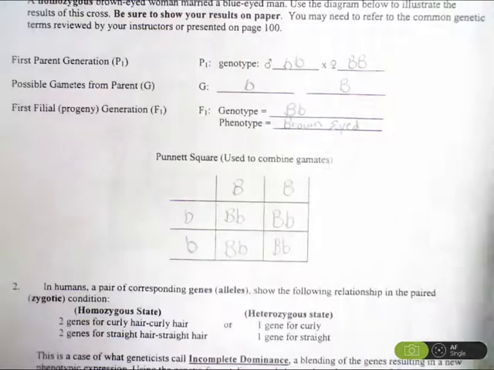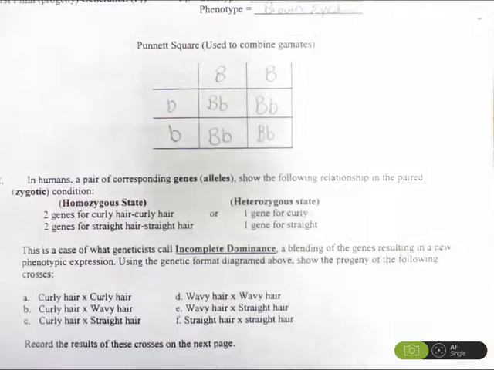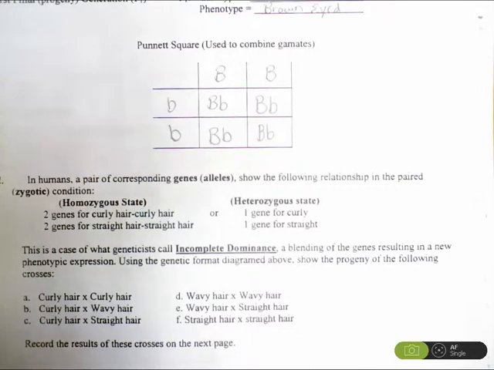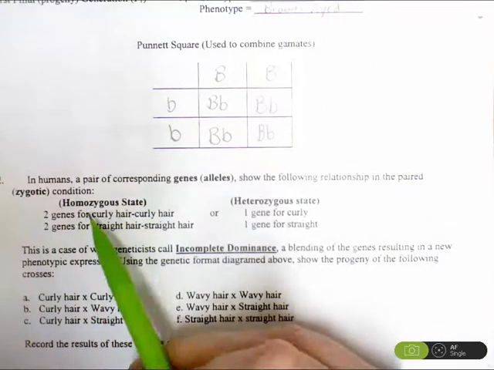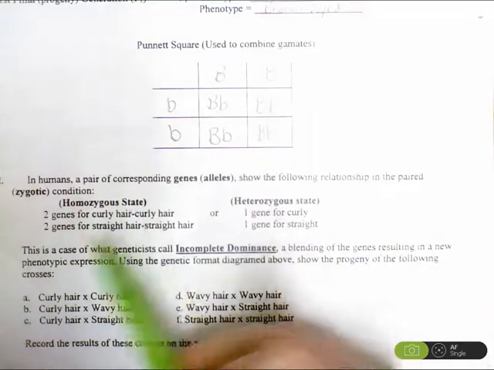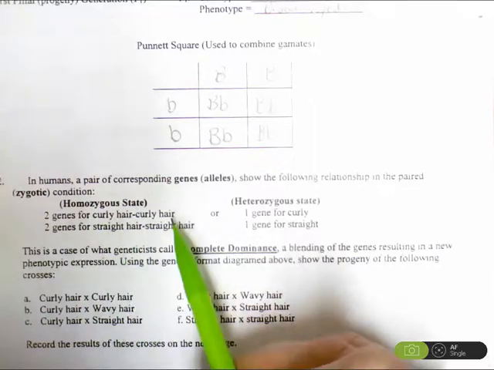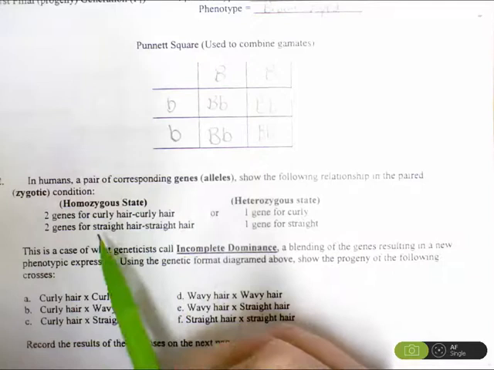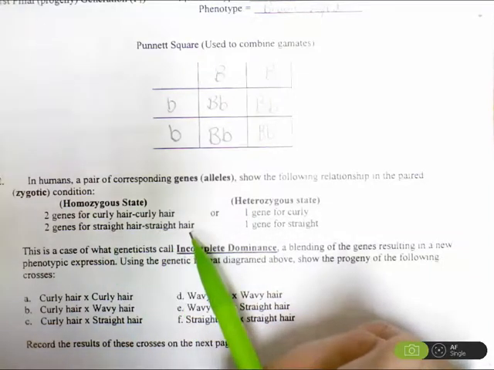Let's look at number 2. In humans, a pair of corresponding genes or alleles show the following relationship in the paired zygotic condition. So the zygotic condition would be just the zygote, the offspring. The homozygous state: 2 genes for curly hair gives you curly hair. 2 genes for straight hair gives you straight hair.